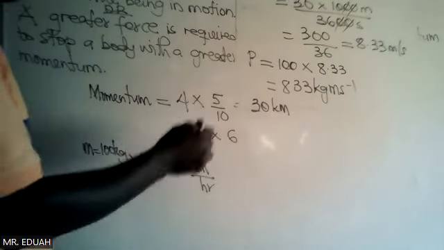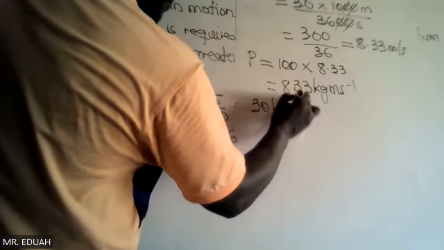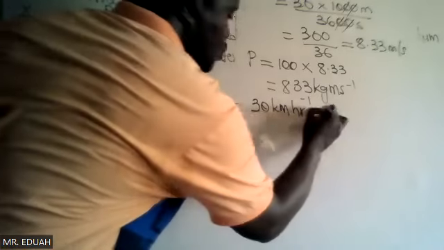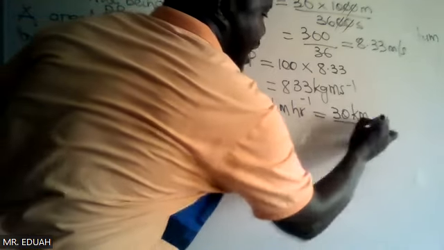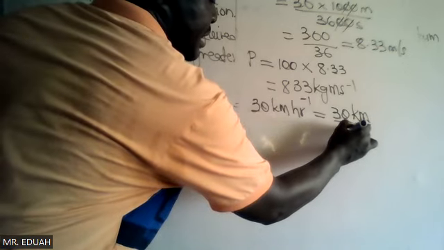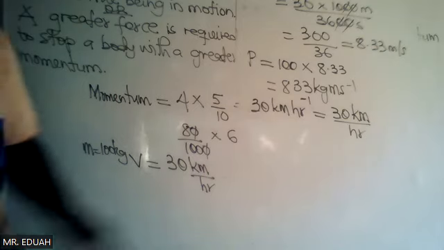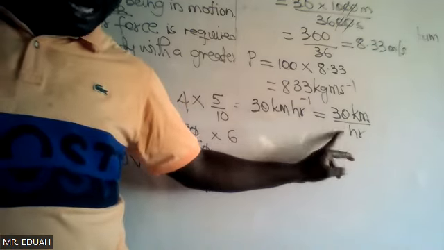Like 30 kilometer per hour means that we have 30 kilometers per hour. Raised to the power -1 means that if you want to write it as a fraction, it is simply 30 kilometers over 1 hour.